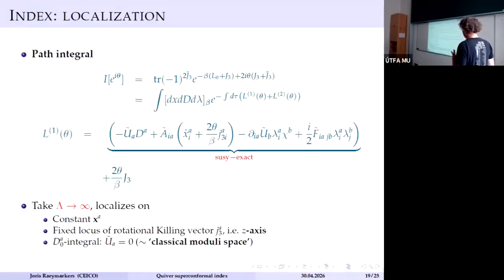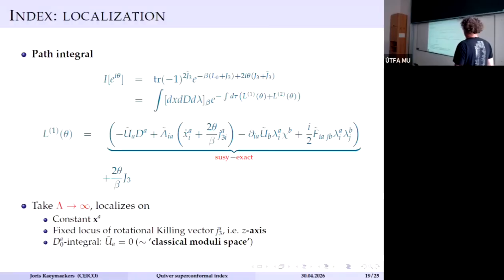The second observation comes from writing a path integral for the index. This was the one that we started with. You treat this whole thing as a Hamiltonian, and then the Lagrangian you get, which now depends on theta, the fugacity, the refining parameter, or chemical potential.